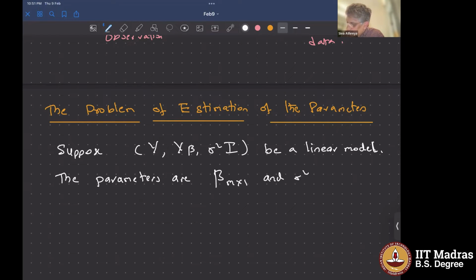They are your two parameters, right? And sigma squared is positive. So I can think of the parameter space as belonging to R^m, where beta lives, and R plus, where sigma squared lives. So that's the parameter space, capital theta.